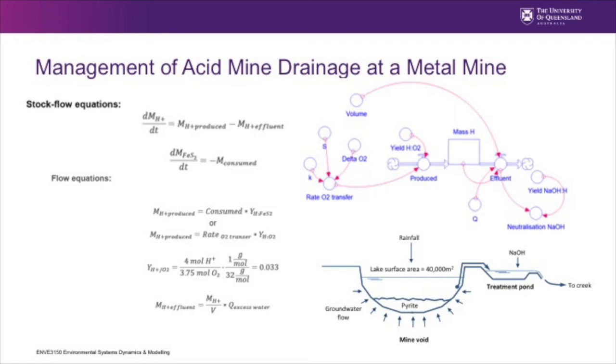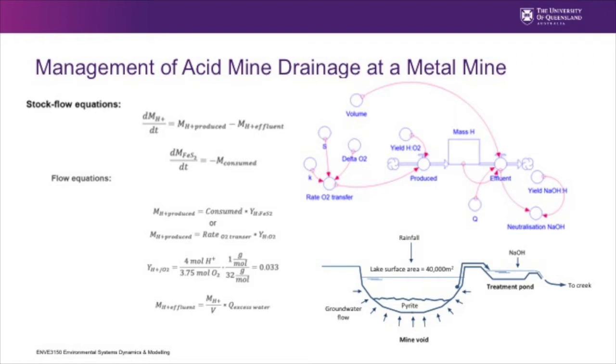We're going to create a Matlab script from these stock flow equations. We're going to focus only on the hydrogen stock, and therefore we're going to use the flow equations related to this.